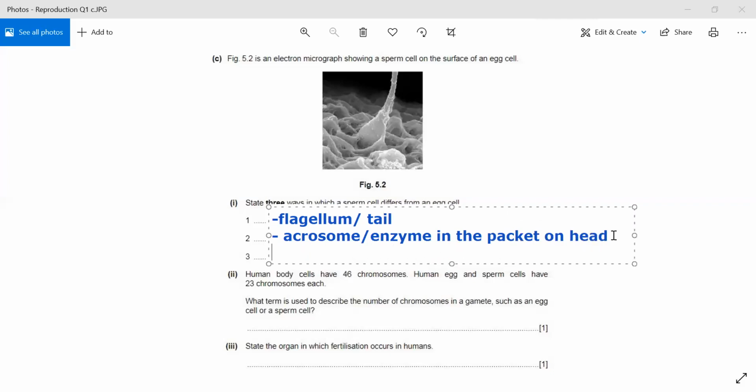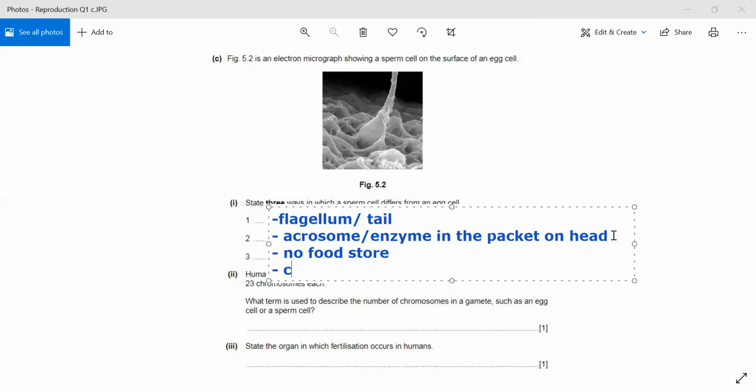No food store. Also we can talk about, it contains X and Y chromosomes, right? Because the egg cell contains only XX. So this contains X and Y chromosomes. We can talk about X and Y chromosomes.